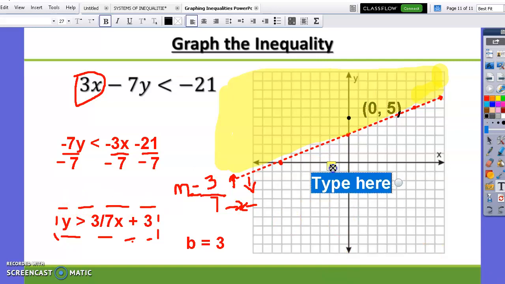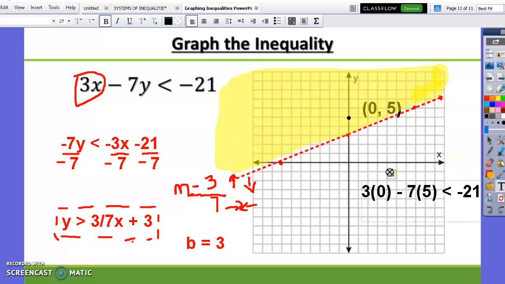So let's see if I did it right. So 3 times x, so 3 times 0, minus 7y, so 7 times 5, is less than negative 21.